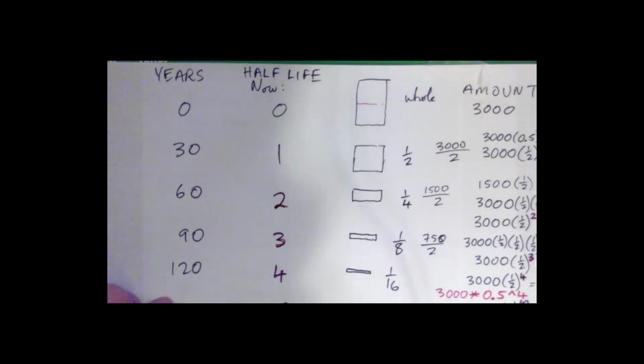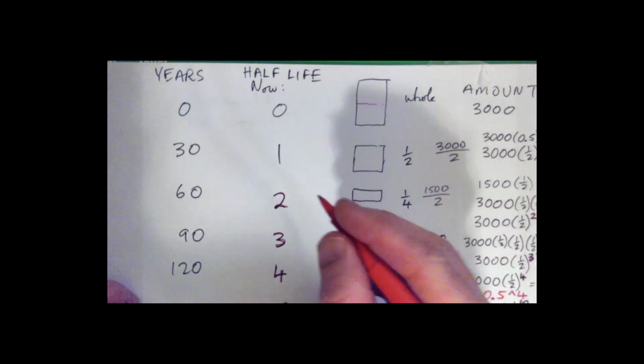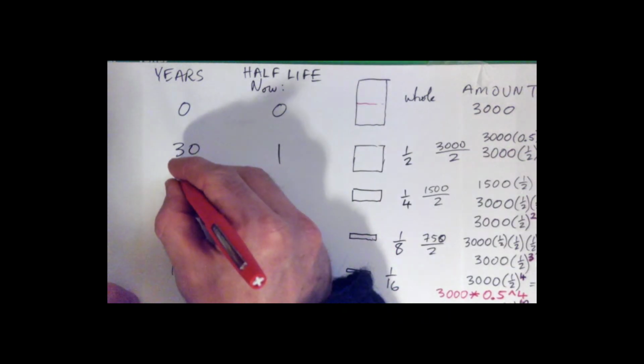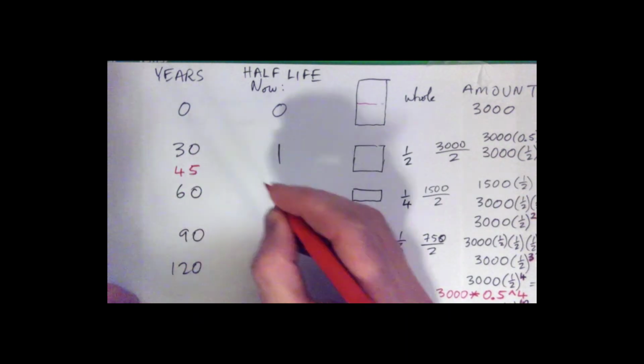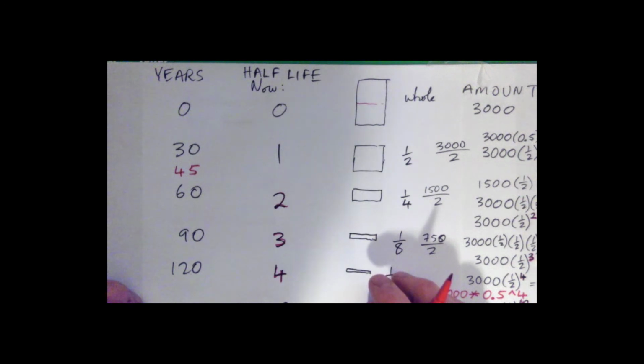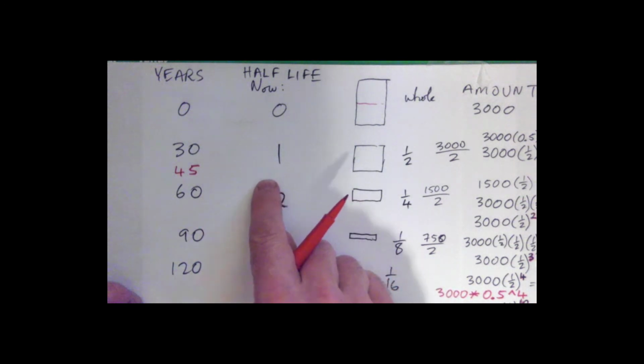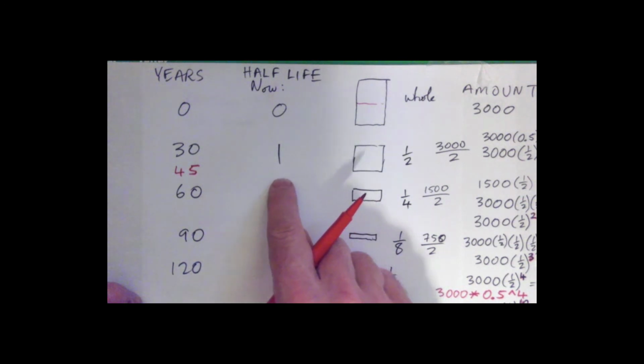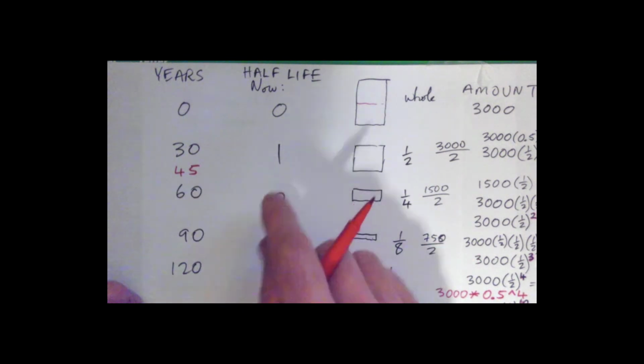I just want to give you an easy number of years just for fun to practice. If I gave you 45 years, how many half-lives is that? Take your time. How would I figure that out, right? 45 years is how many half-lives?